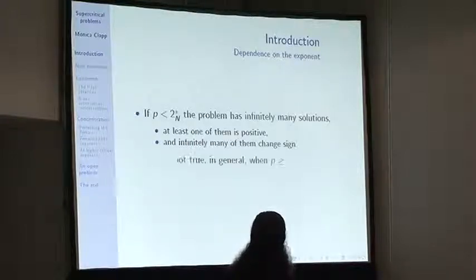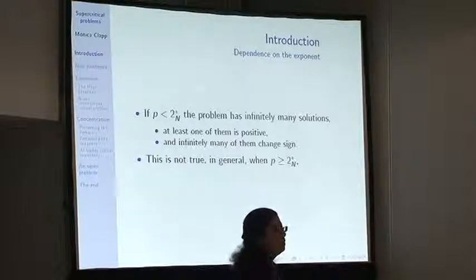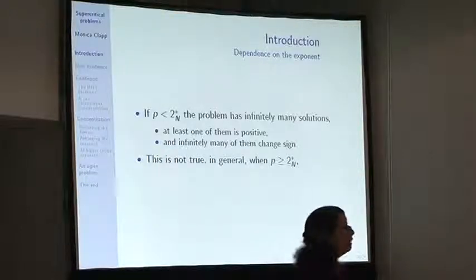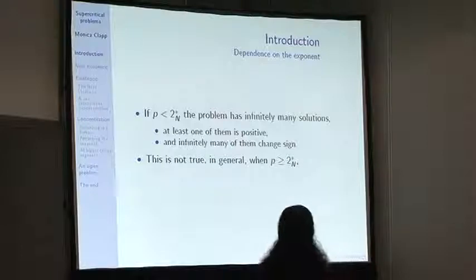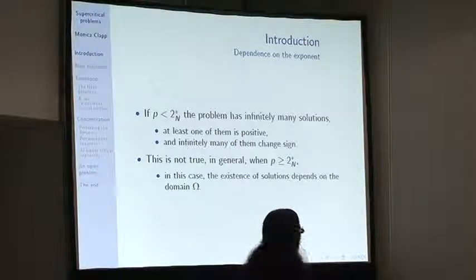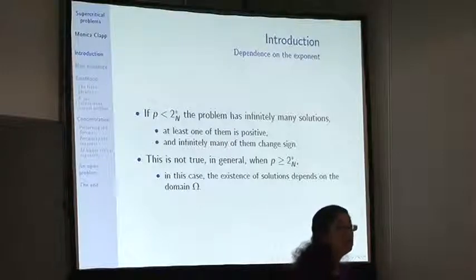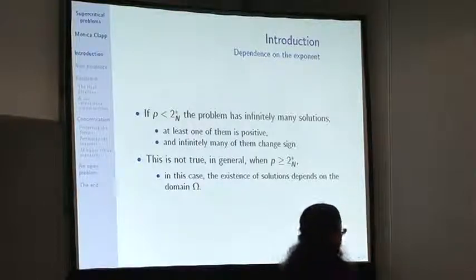On the other hand, if you look at the case where p is larger than or equal to the critical exponent, then this is not true anymore. And in this case, the existence of solutions depends on the domain. So let me show you two extreme results.